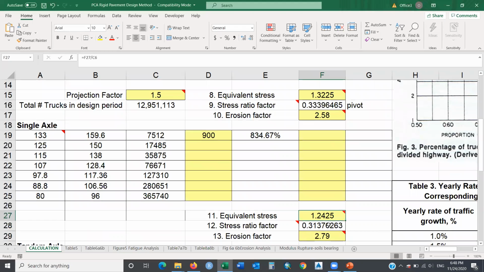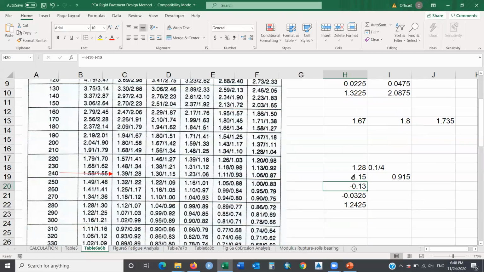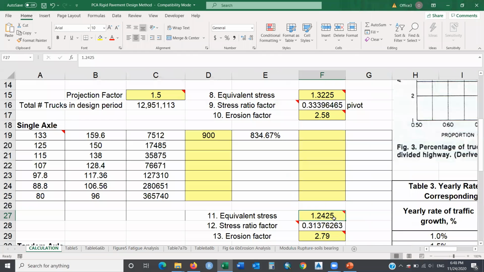And for the tandem, somewhere between 115 and 128. So 118.25.